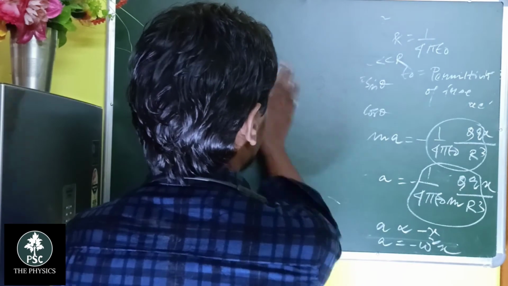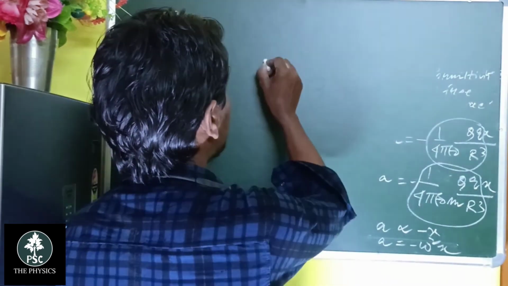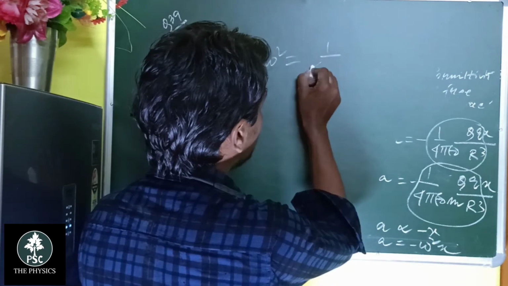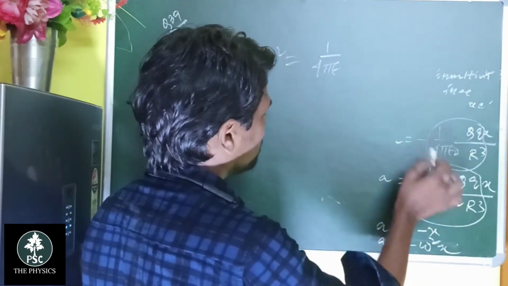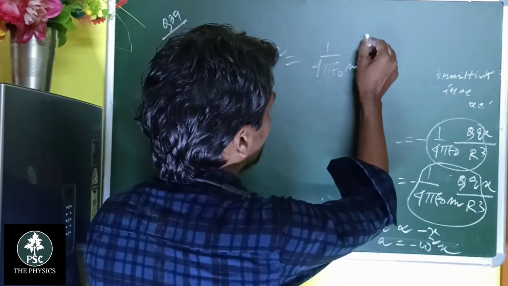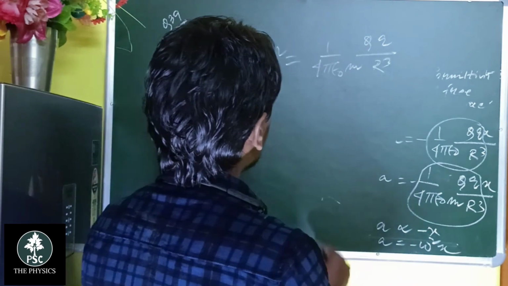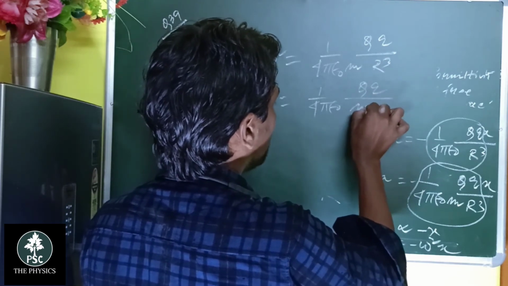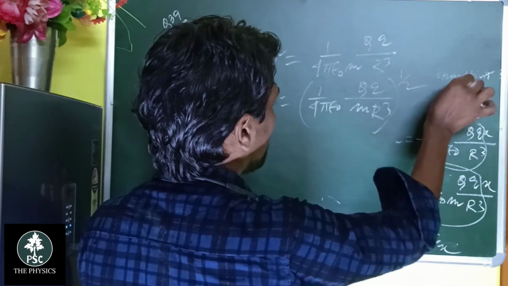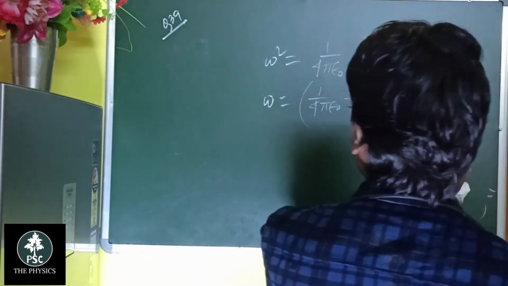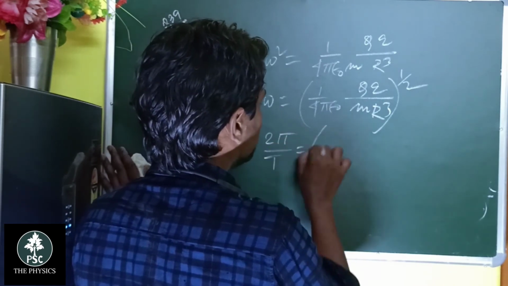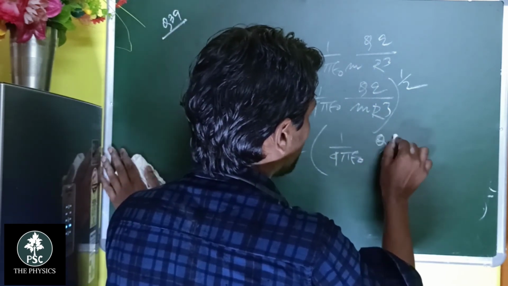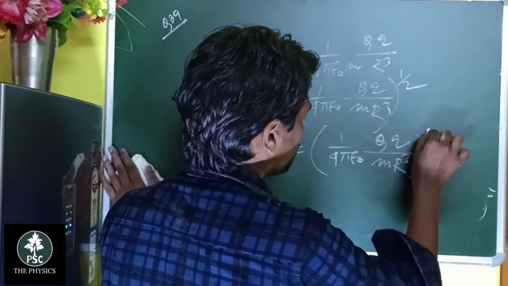After comparing, omega square equals 1 by 4 pi epsilon naught m, into capital Q small q by r cube, which is a constant. So omega equals (Q q by 4 pi epsilon naught m r cube) whole to the power of half.